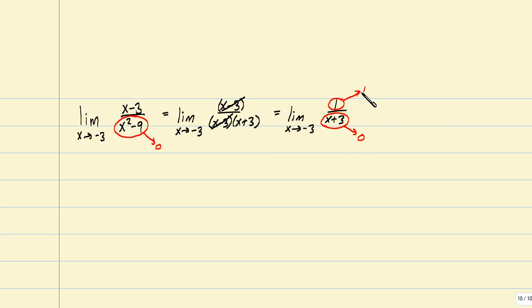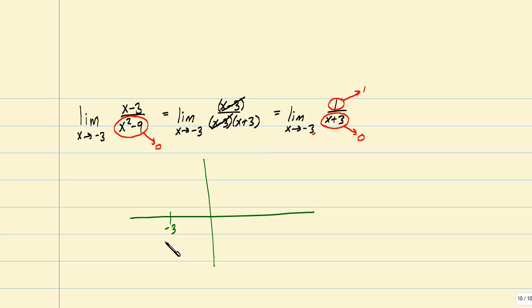You see, as this is close to 1 and this is close to 0, whether it be close to 0 and positive or close to 0 and negative, the resulting fractions are going to be very, very large in magnitude, anyways. Again, they could be positive or they could be negative. And the closer x gets to negative 3, the larger this fraction becomes in magnitude, either flying off to positive infinity or negative infinity. Let's get a little bit better idea of what's going on graphically.